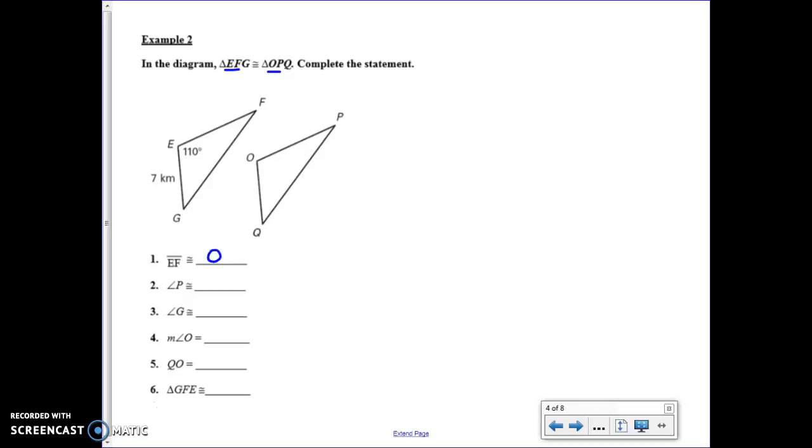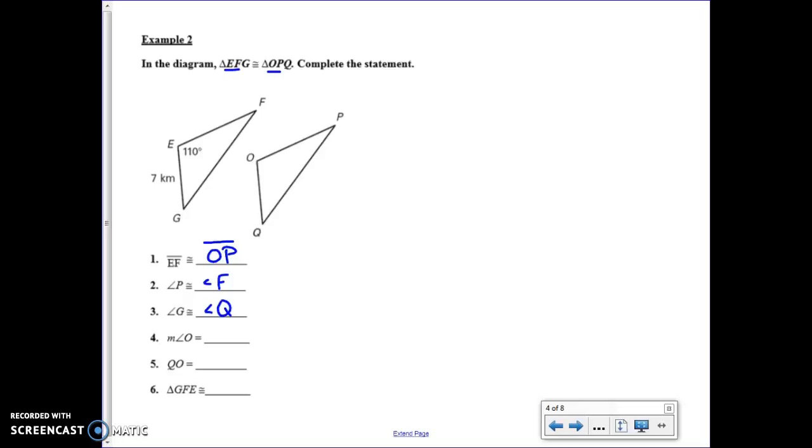So EF matches up with OP, and we see that in the picture as well. Angle P is congruent to, and so again, you can look in the picture, or you can look up top, and we see that it matches up with angle F. Angle G is congruent to, so whichever you prefer, but it matches up with angle Q.